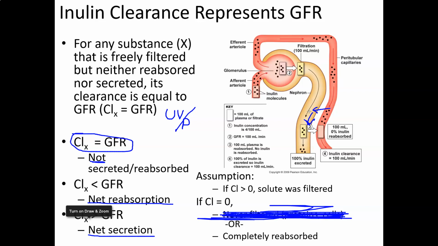So our frame of reference, unless told otherwise, is that a normal GFR for a person is 125 mLs per minute. So if clearance equaled 125 mLs per minute, if it equaled GFR, it would tell us the substance was filtered, not secreted, not reabsorbed, and it would be a great substance to use to predict GFR in humans in a clinical situation.